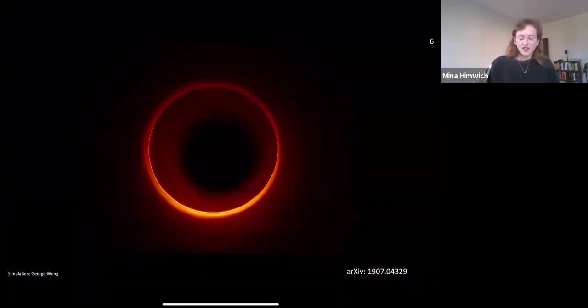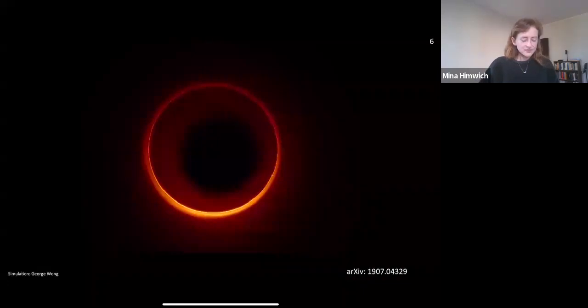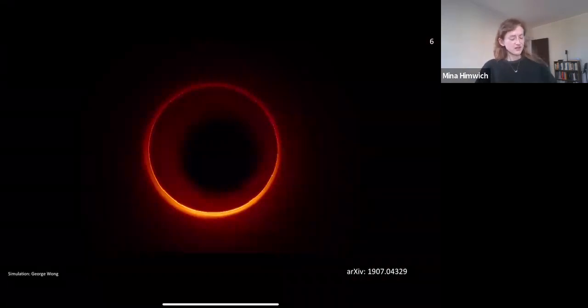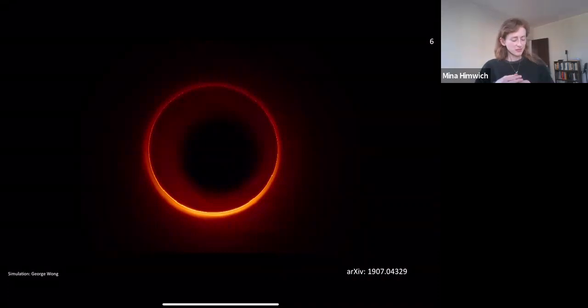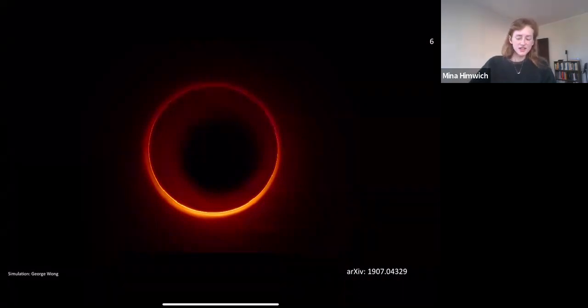We think that as we go to higher and higher resolution, we'll continue to see a series of increasingly thinner, increasingly brighter subrings piling up at the edge of the shadow. This brightness enhancement near the edge of the shadow isn't just seen in this particular simulation of M87, it's seen in many different simulations of many different images of black holes. So it seems to be universal in simulations, and we think it is a universal feature of GR, which we've shown.